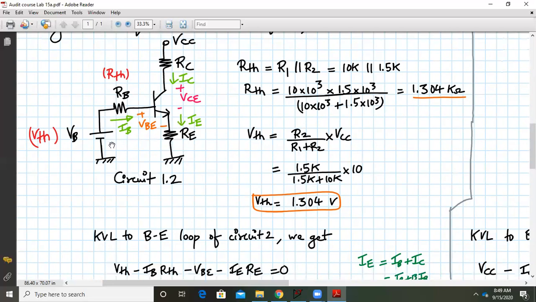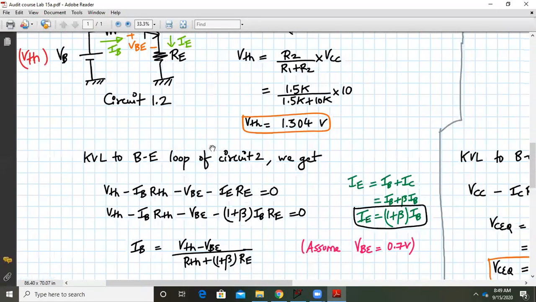So again I repeat, KVL applied to the base-emitter loop gives VTH minus IB times RTH minus VBE minus IE RE is equal to 0. Actually here it is circuit 1.2, by mistake it is written as 2.